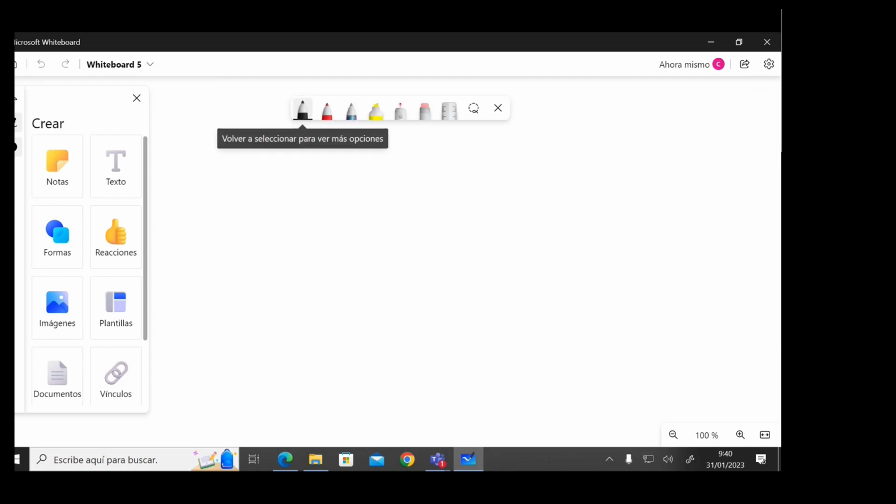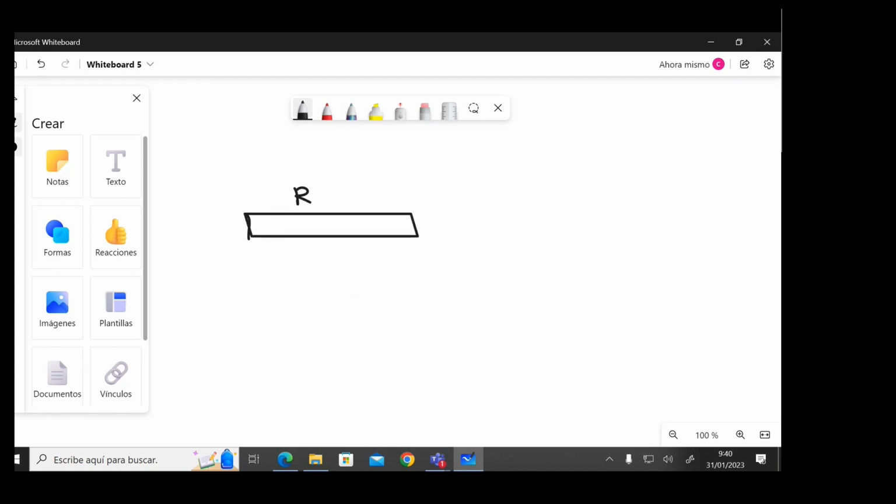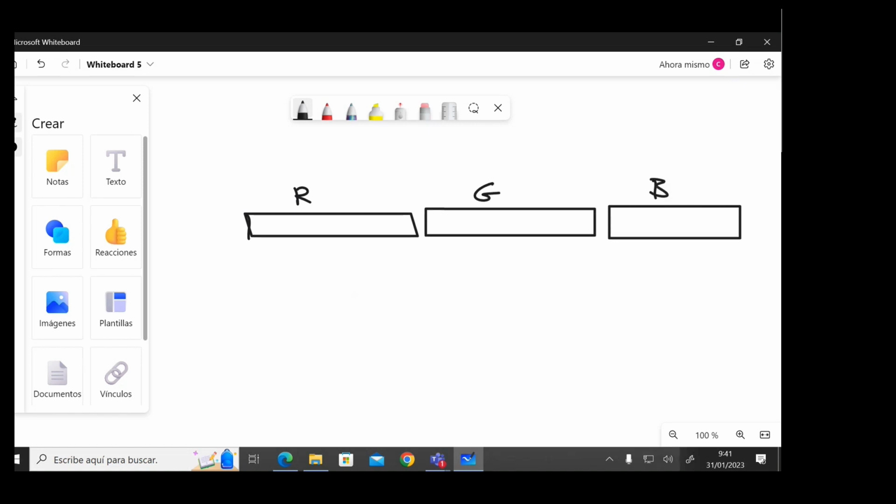Okay, so if we will represent colors in RGB, each one of these will have 8 bits. And each one of these 8 bits will have a value 0, 0, 1, 0, 1, 1, like that.